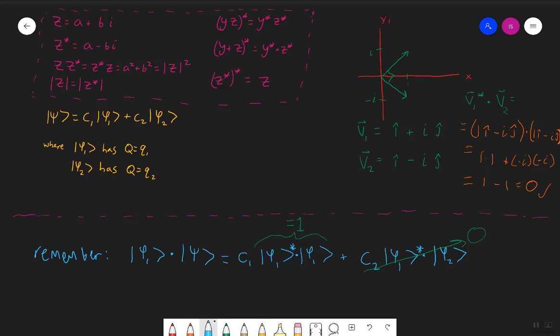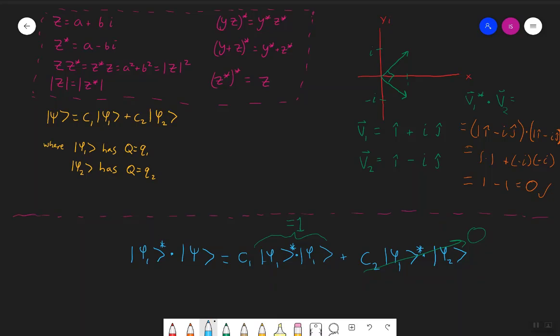Now under our new logic with our new dot product, phi1 star dotted on psi would be c1 times phi1 star dotted on phi1, which is going to be 1 if it's a unit vector, even if it's complex, because that's its magnitude squared, plus c2 times phi1 star dotted on phi2, but these are perpendicular, so this dot product gives us 0. So we're left with c1.